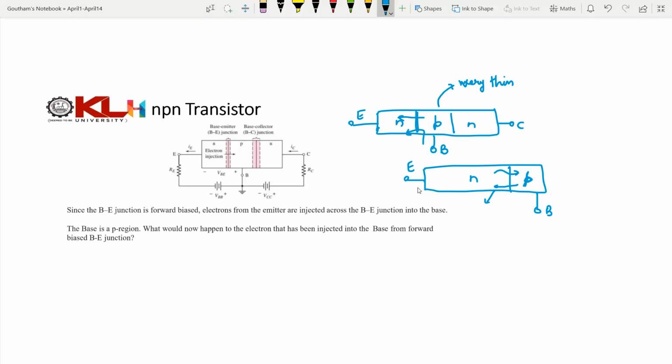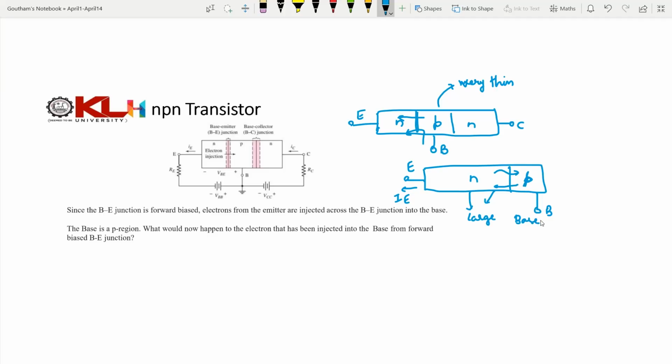That is why we get a current from P to N, that is out of the emitter region. I think we all know this from our basic understanding of the PN junction diode. But what is even more interesting here is that physically the emitter is large compared to your base.